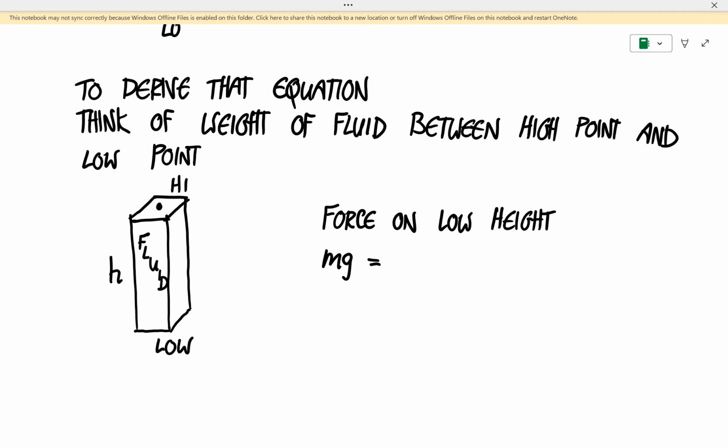And so we can break the mass up into the volume times the density, and then we have to multiply that g on. And now we can break that volume up into the area of the square, that cross section, times the height. So this is area times height times rho times g. Okay, so this is the total weight.